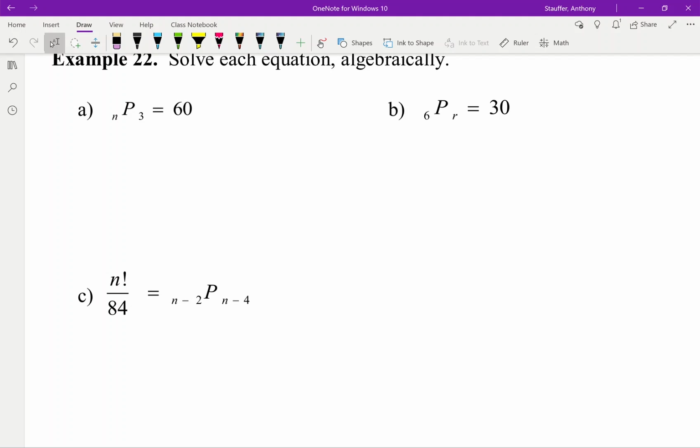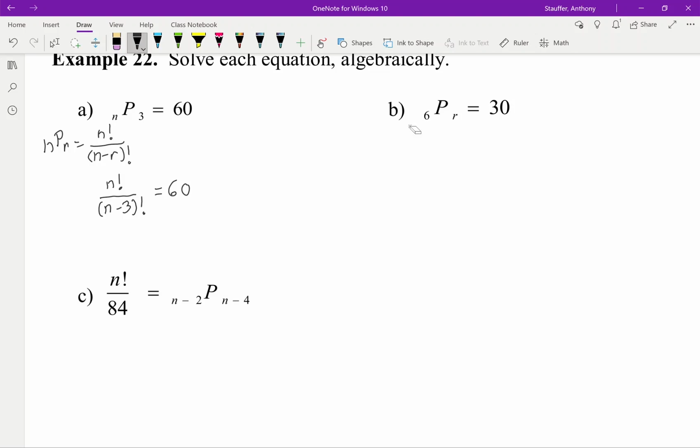So nP3, if we go back in time, we remember that nPr equals n factorial all over n minus r factorial. So this is going to be n factorial all over n minus 3 factorial, and we know that this will equal 60.